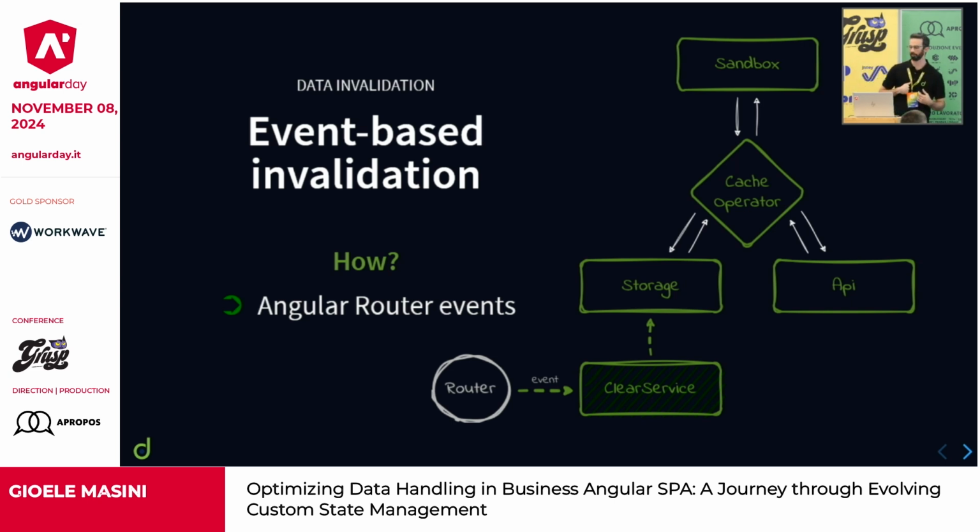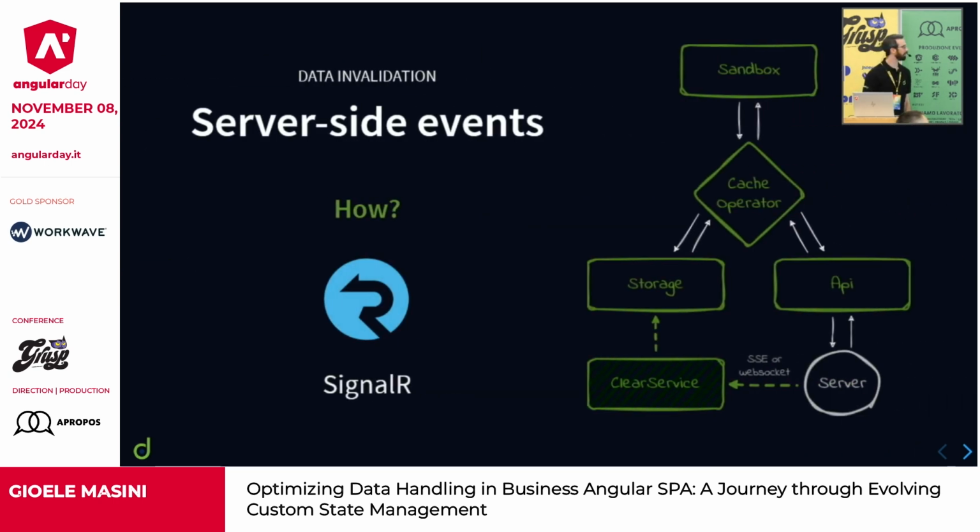So you could make other choices in your application. We created this clear service. We simply observe our user navigation, and tell, well, in reality, it tells the sandbox to clear storage, but it's the same. And this was the first event-based invalidation.